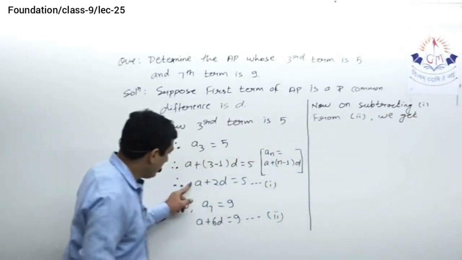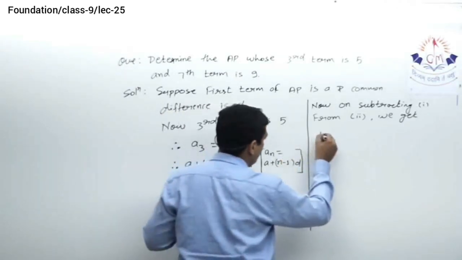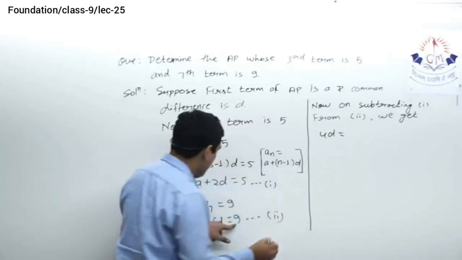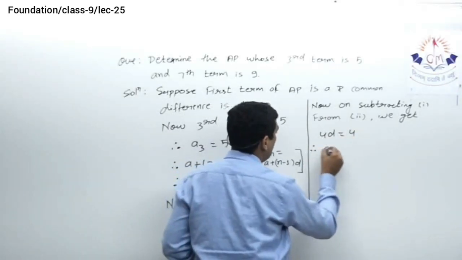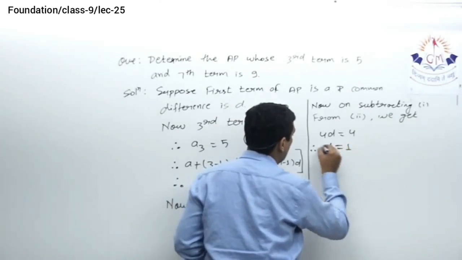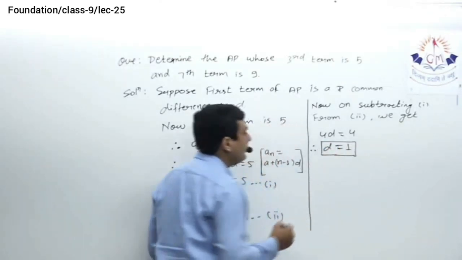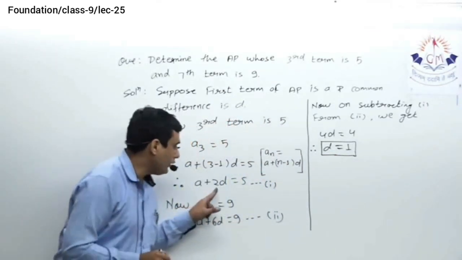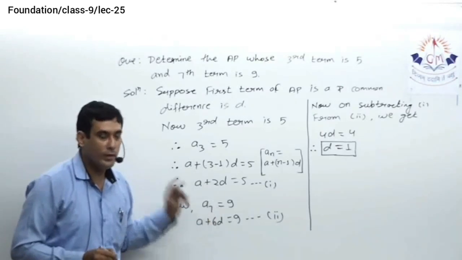See, A minus A, 6D minus 2D, that is 4D, is equal to 9 minus 5, 4. Therefore I will get D is equal to 1. So here I got the value of D. As soon as I got D, if I put D equal to 1 in either equation, I will be able to get the value of A.